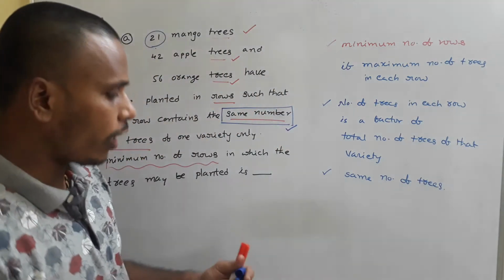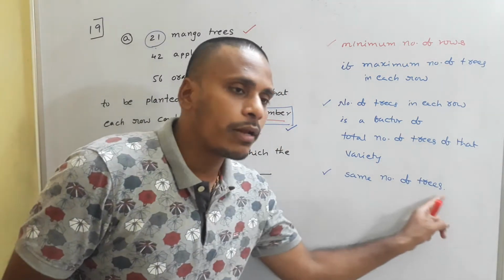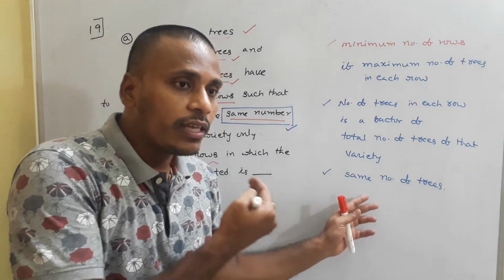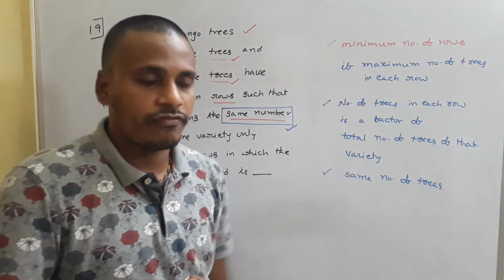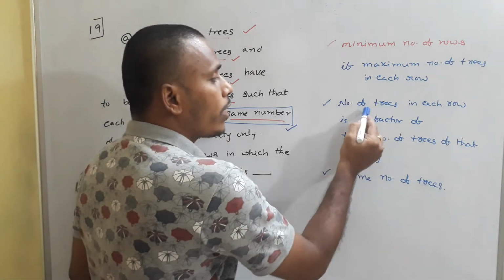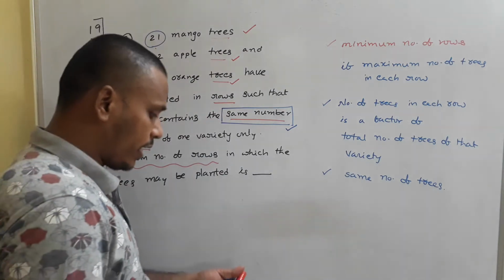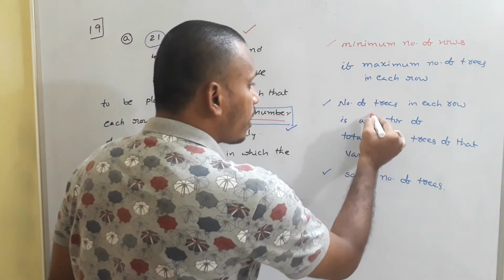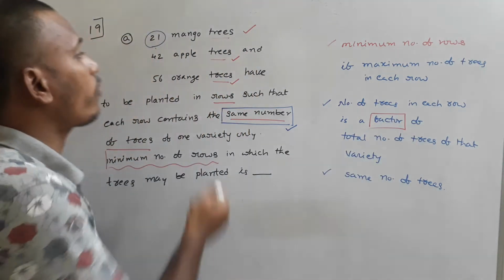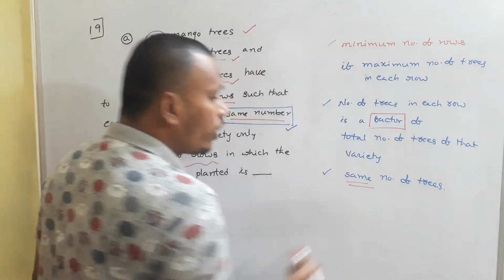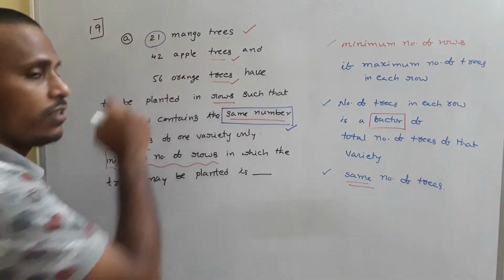So what I am going to conclude is, this word same number of trees is conveying finding a common factor. This phrase number of trees in each row is a factor of the total number of trees of that variety. So from this second observation, we need to find factors of these numbers, and from this word same, we need to find the common factor of these numbers.